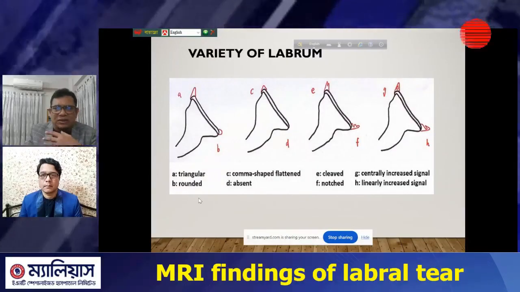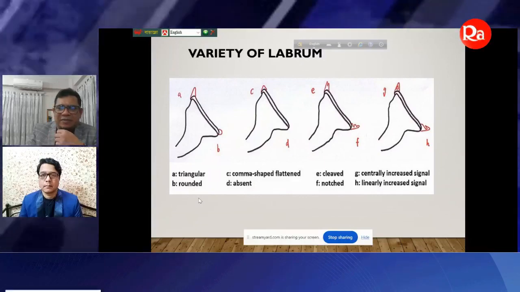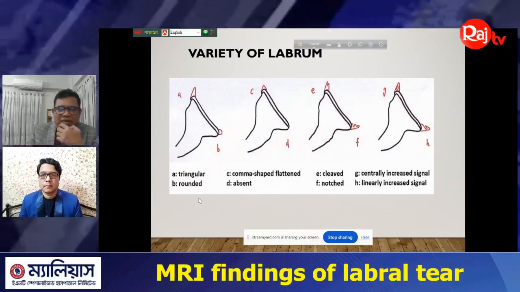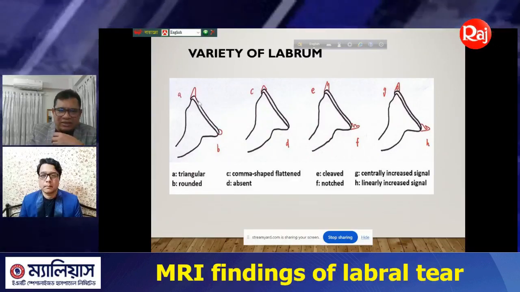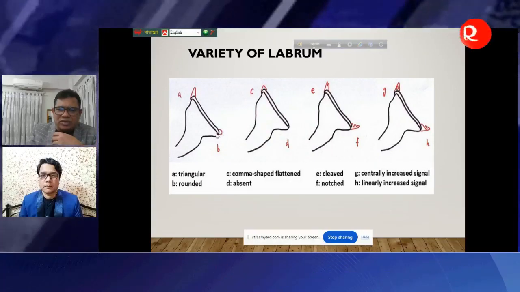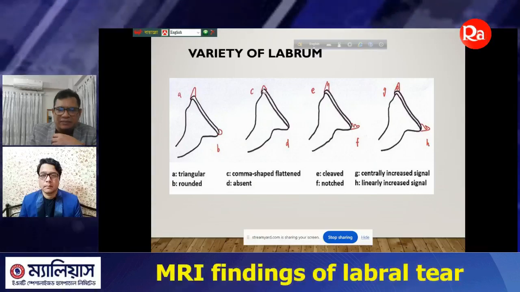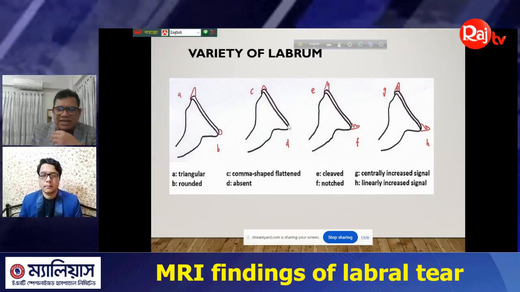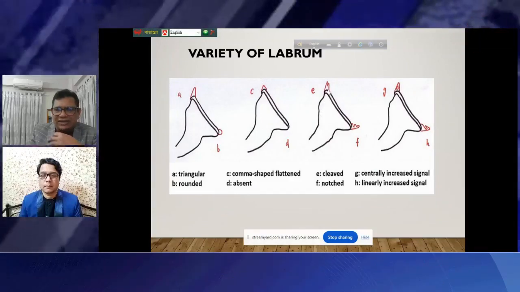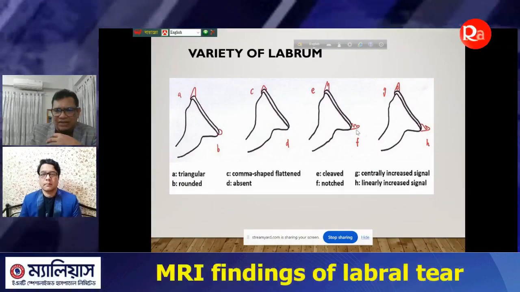Also see the varieties of labrum we have already mentioned. It may be triangular, or sometimes rounded, and sometimes it may be comma shaped or flattened. Sometimes it is absent, and it may also be the clipped and notched variety.